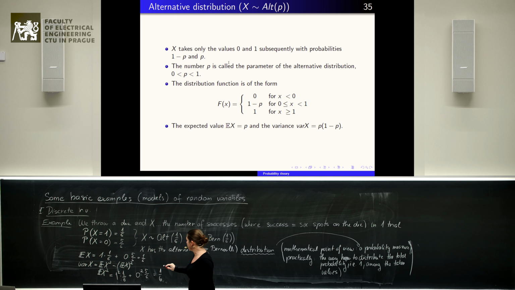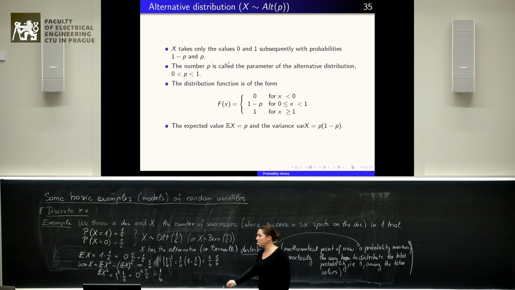So it is 1/6 in our case, and so the variance is 1/6 minus 1/6 squared. So we can write it in this form. And we can see that in fact the variance is equal to the probability of success times the probability of failure.